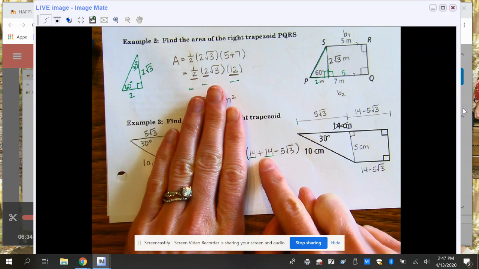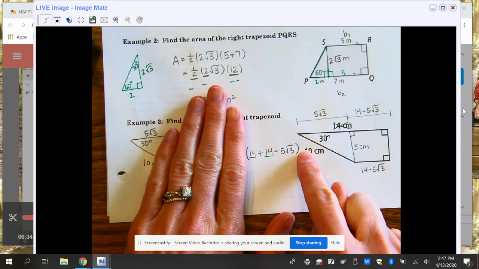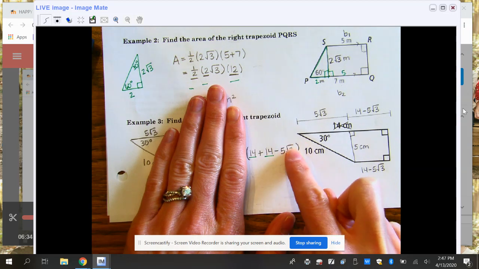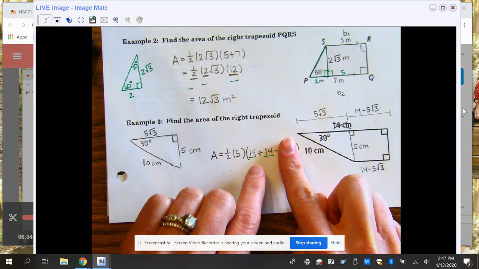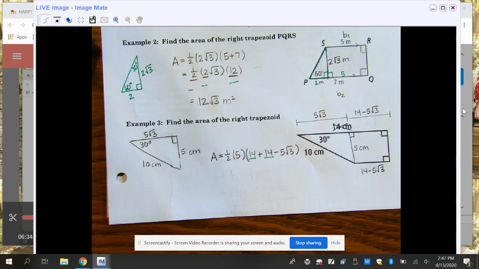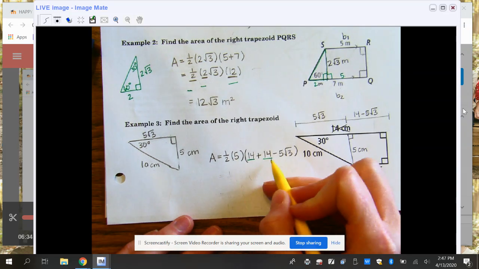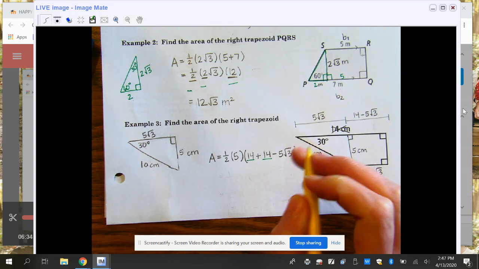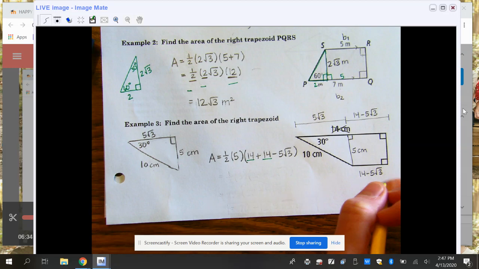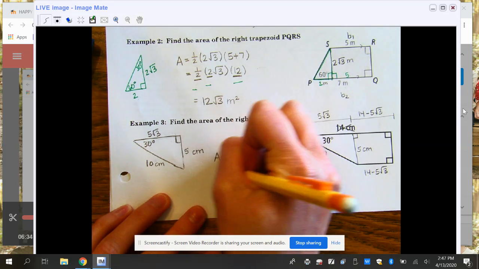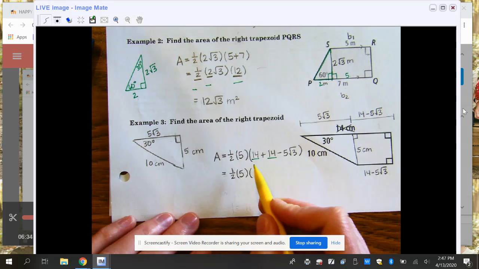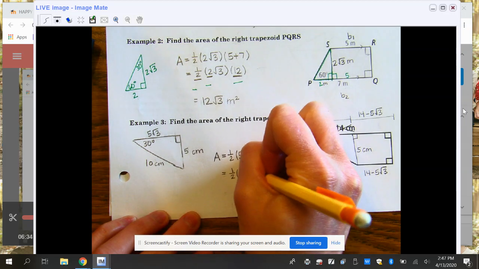In this set of parentheses now, I'm adding and subtracting. This 5 radical 3 cannot be subtracted from this because they're not like terms. So when you're adding and subtracting radicals, you can only combine like terms, constants versus radicals. So I can only add together the 2 14s.